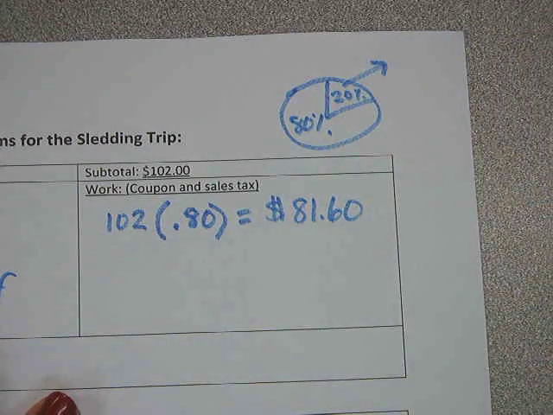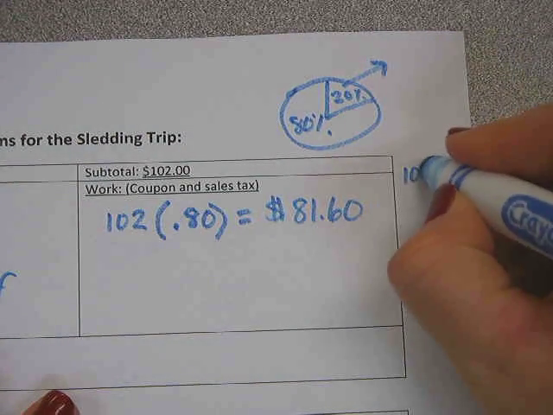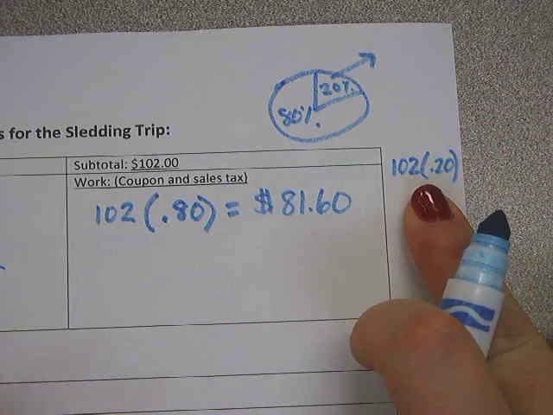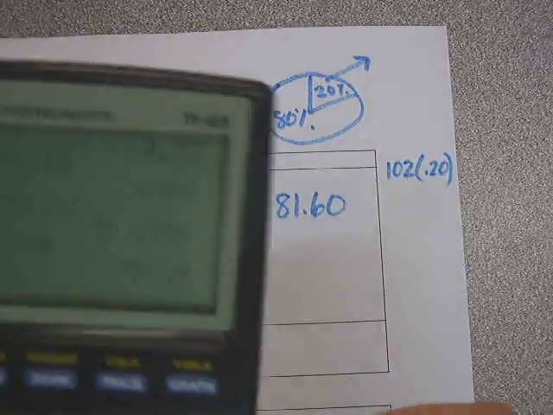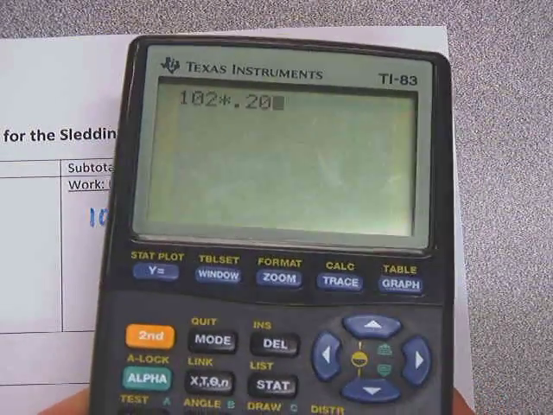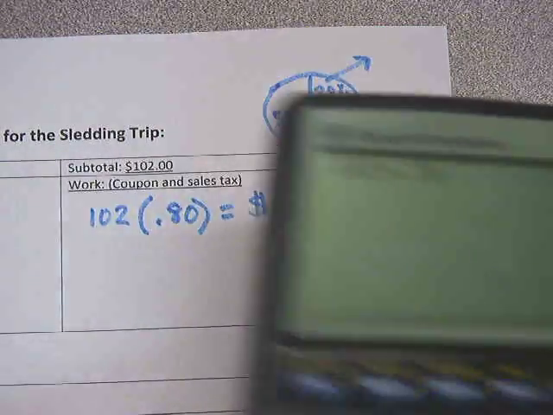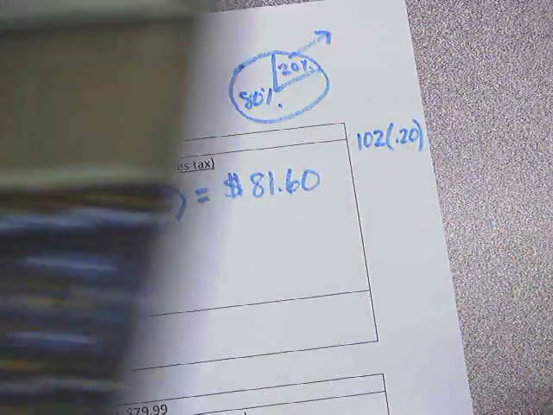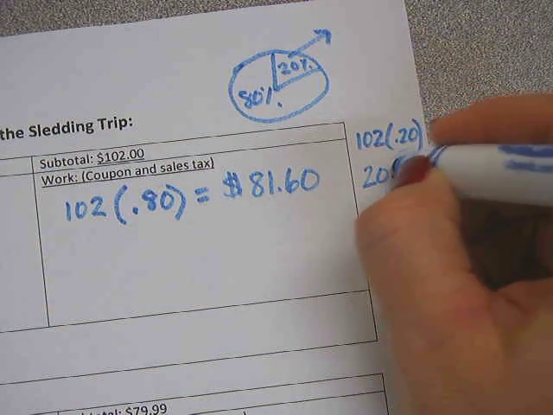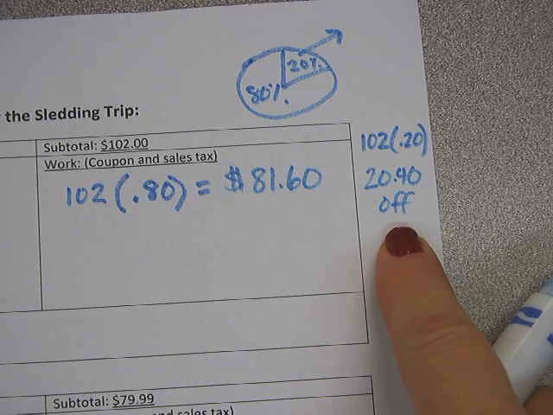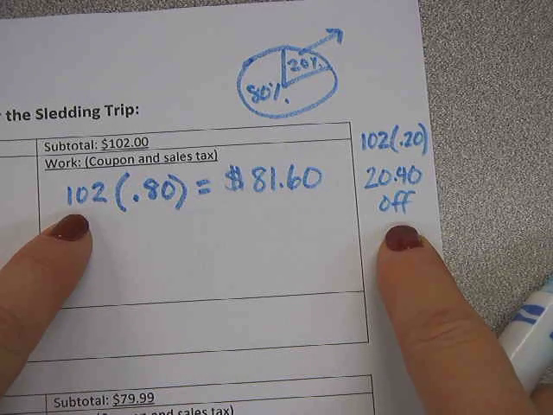Now off to the side, let's check this. Let's do this again, but let's figure out what 20% is. Okay, so we're going to do 102 times 0.20. And notice it comes out to be $20.40. But that's the amount we're taking off. So now let's check.